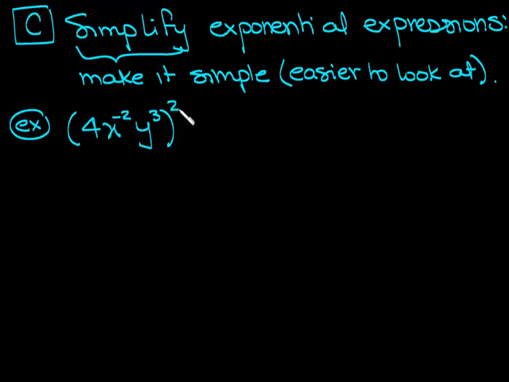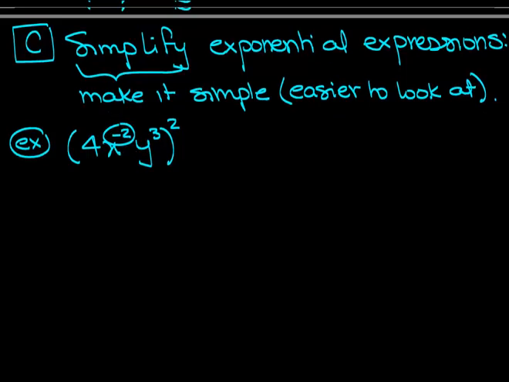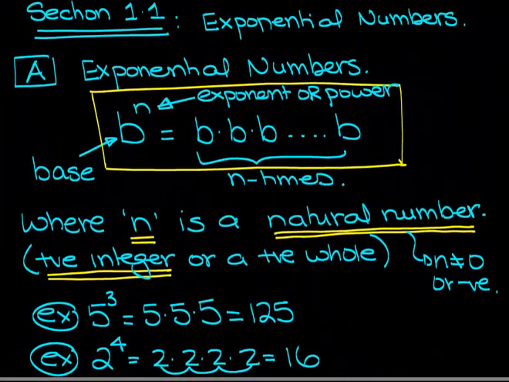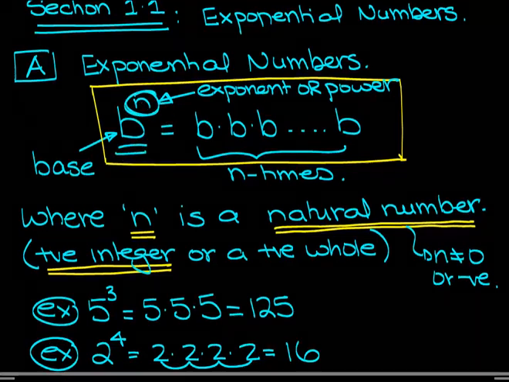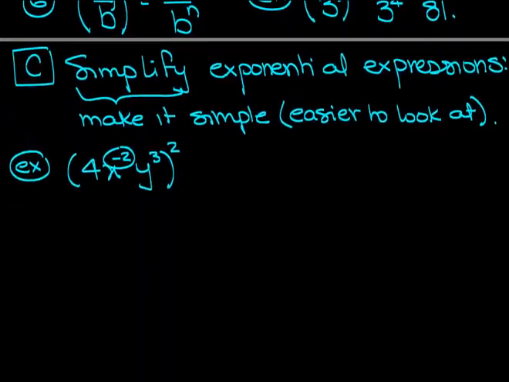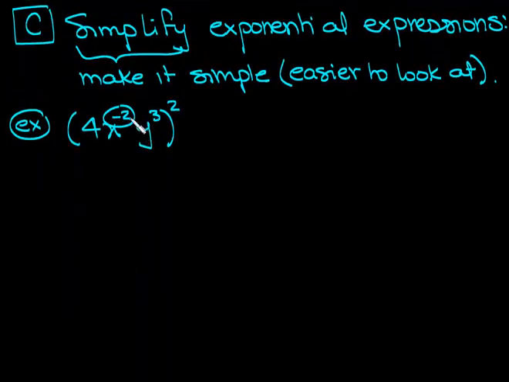Now I want to simplify this. This looks really ugly because I have some negative exponents, and we said earlier exponential numbers are written like this. That means the exponents always have to be positive. Okay, natural numbers, we talked about that, so we can't have negative exponents. And then we'll have another exponent on the outside, so it looks fairly messy.